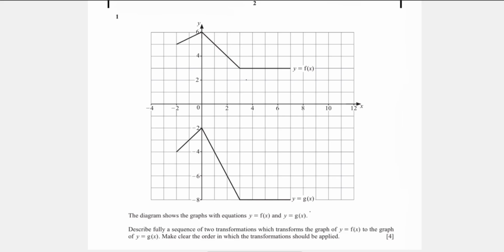Which is obviously a translation, but we don't know by how much. But the last one is a stretch of factor 2, right? So we're trying to get the translation before the stretch. So we work backwards from the stretch.